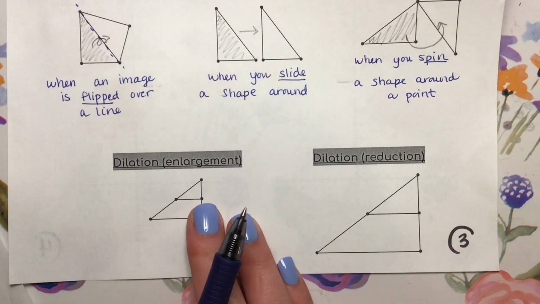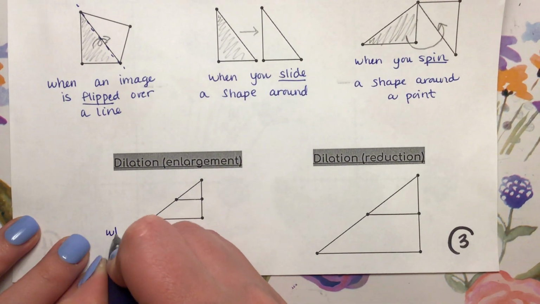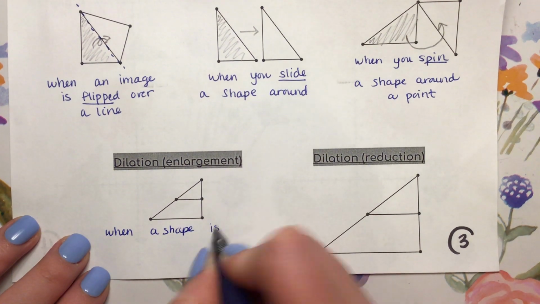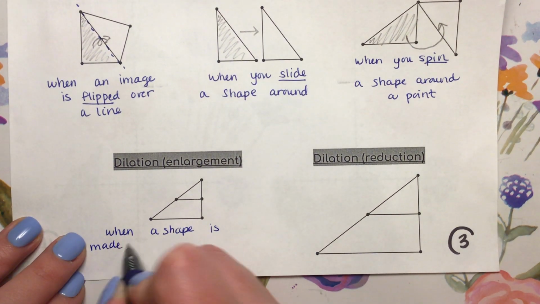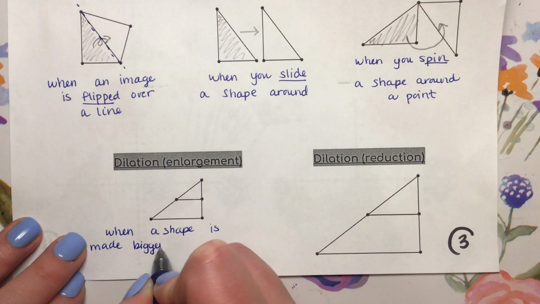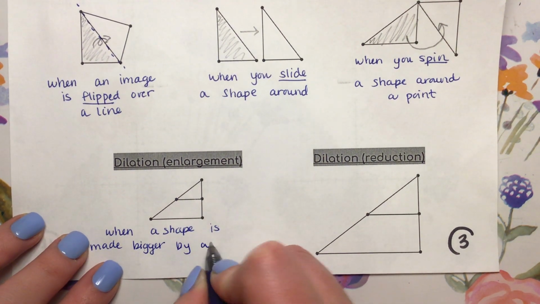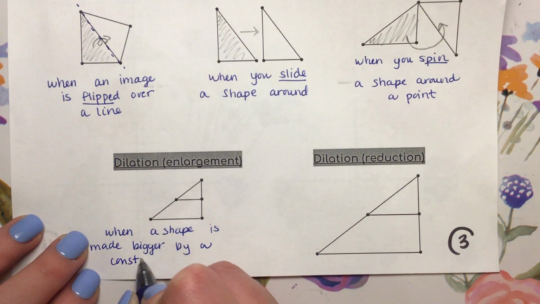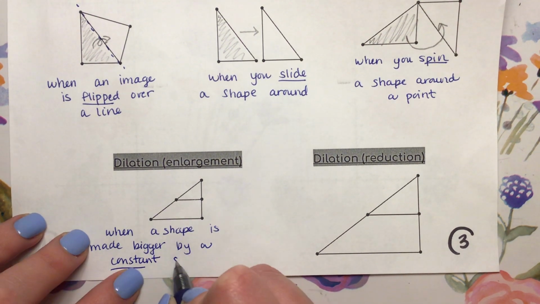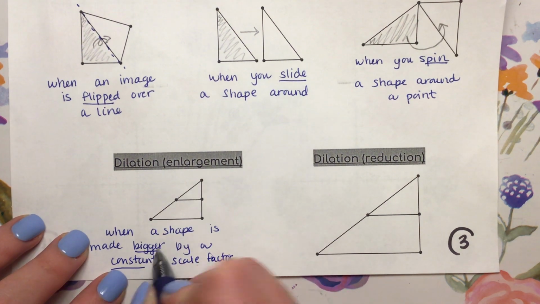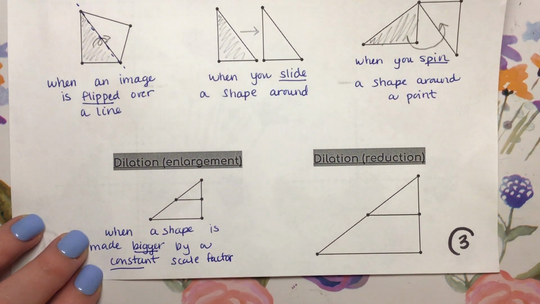So when a shape is made bigger, something that you should know is it needs to be by a constant scale factor. So it's being made constantly bigger.